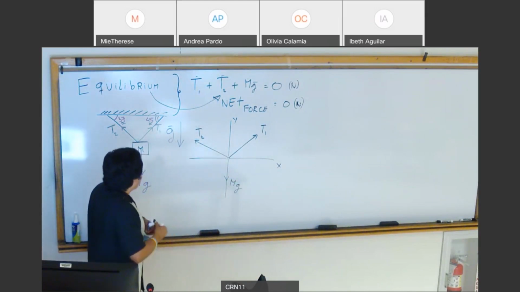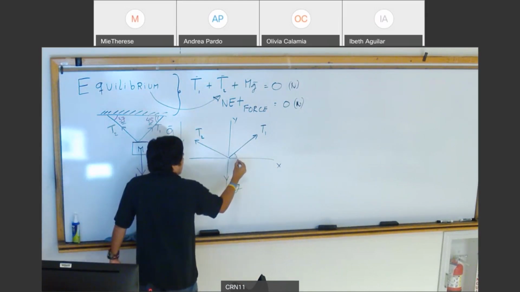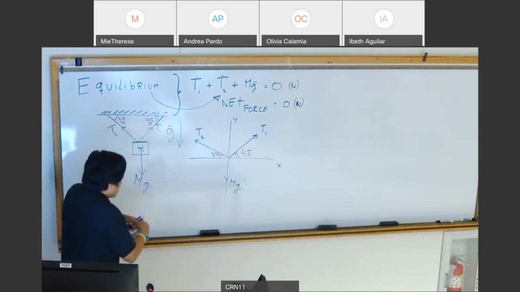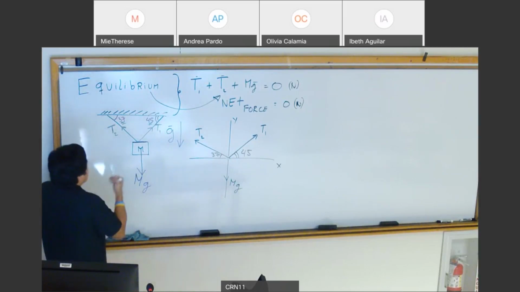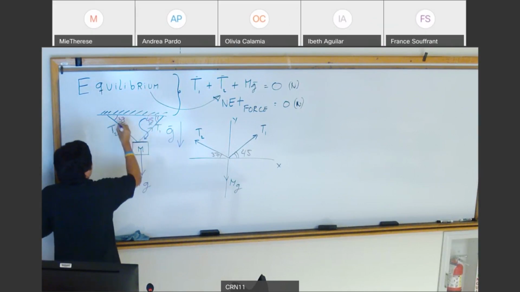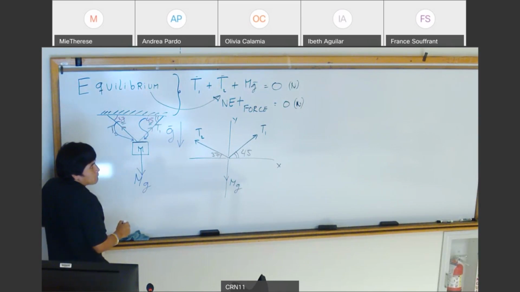What's interesting is that this angle is 45 and this is 37. How? Because of parallel lines. Alternate interior angles in geometry, right? This angle is this angle there, this angle is this angle here. Okay?